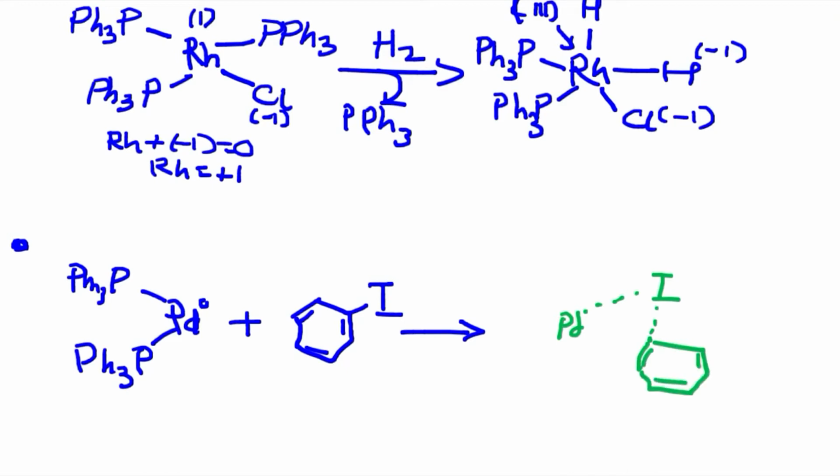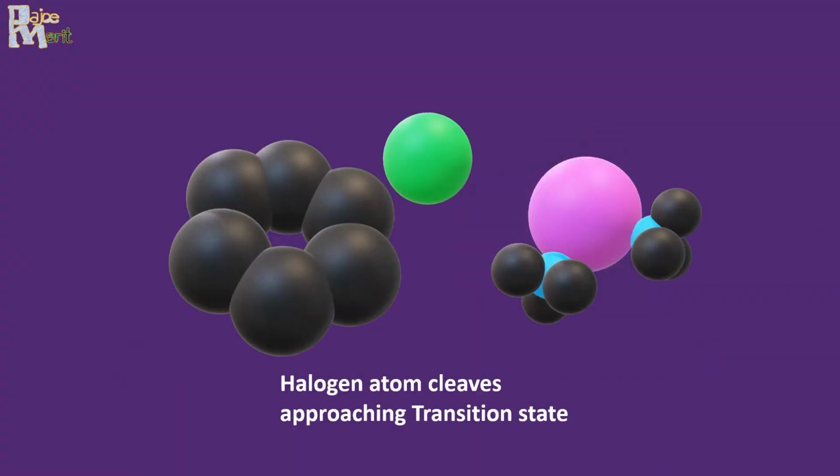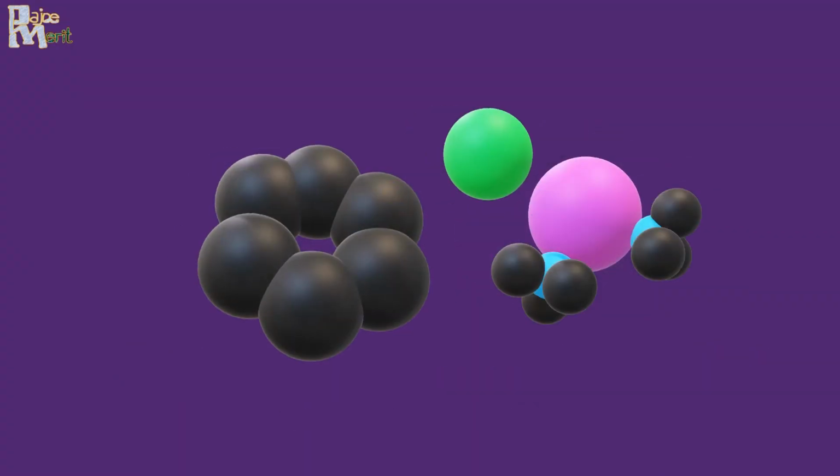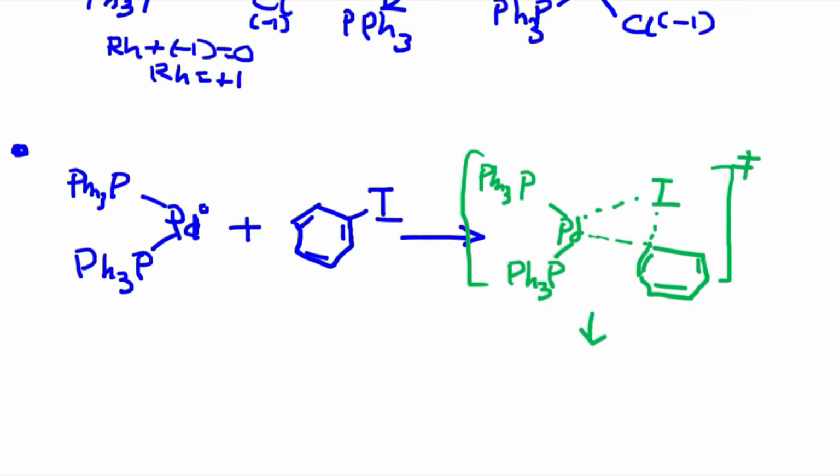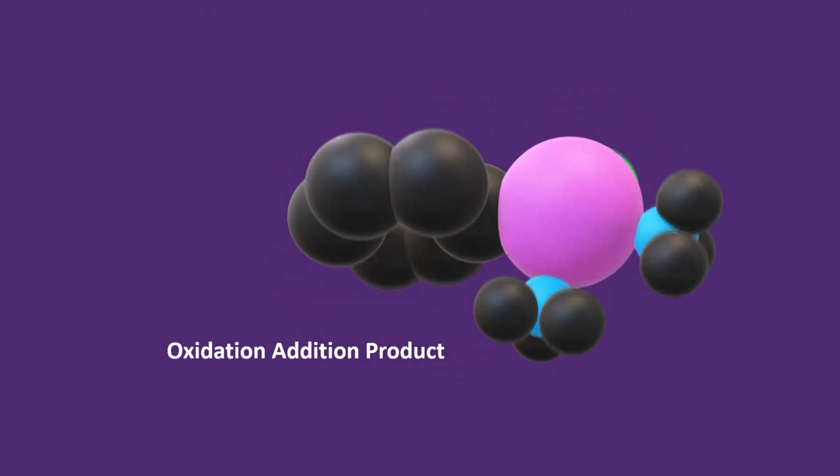So what that results in is a triangle of bond breaking and bond forming between palladium, the phenyl group, and iodine, and this is done in order to establish the formation of bonds in this particular reaction. So this is the transition state that is established, and this will result in the formation of our product, which is shown right here. That's about it for this.